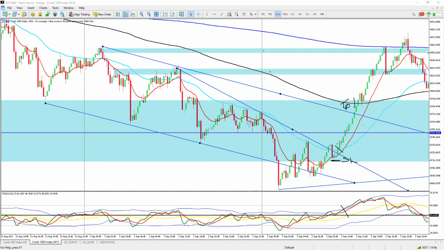So you can already see you are risking this much to make 1, 2, 3. So this is a 1:3 risk to reward ratio, which is a trade worth taking. By the time this trade hits TP2, it's already a 1:5. By the time it hits TP3, it's already a 1:6.